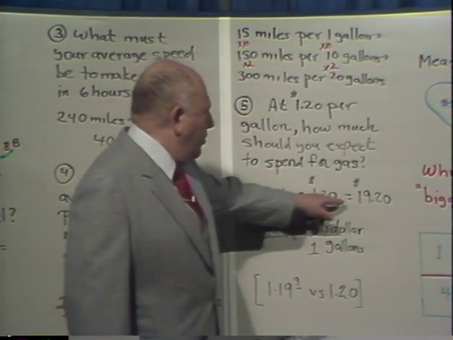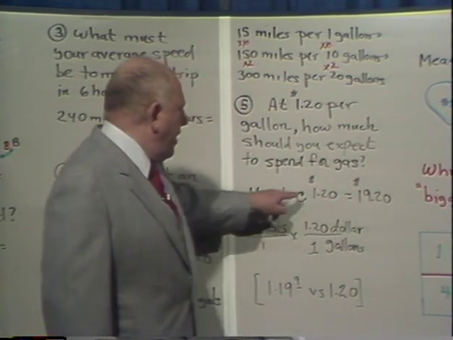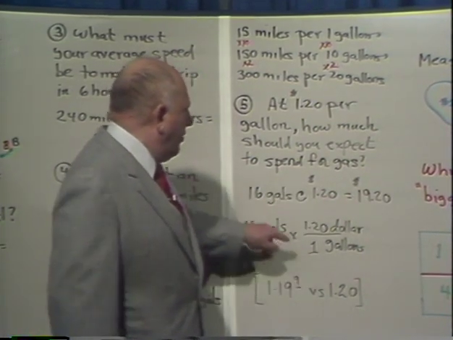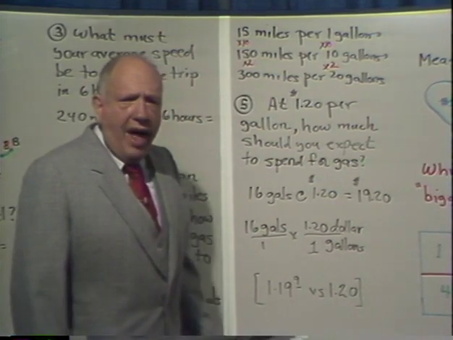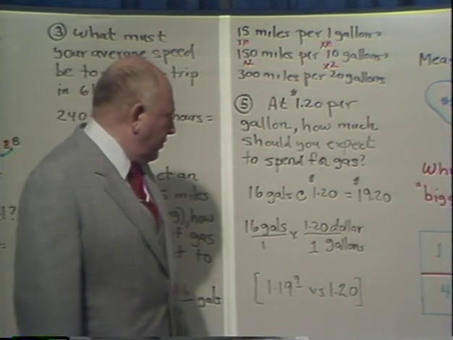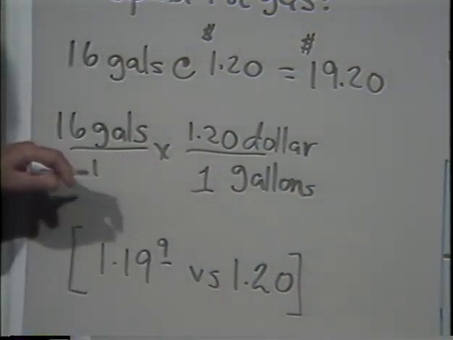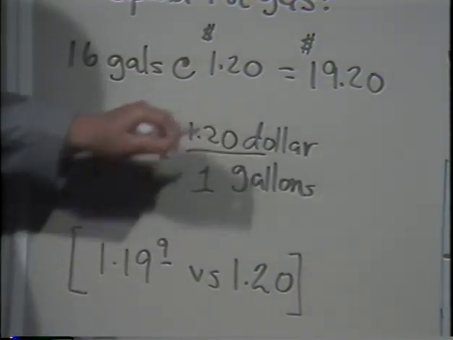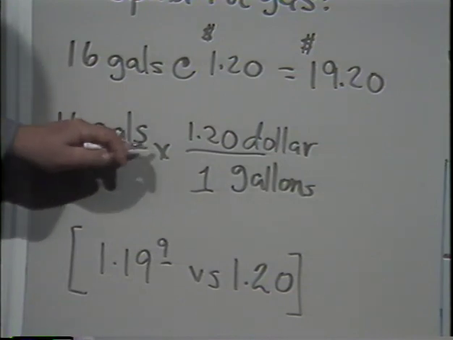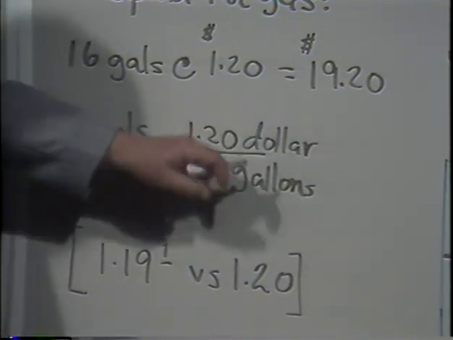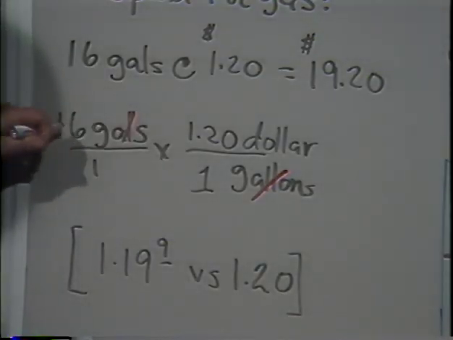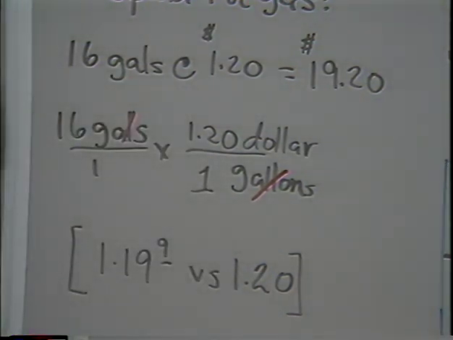And notice that I stopped doing the arithmetic here because I assume that either you can multiply this thing out or you have your calculator and you're just taking 16 times 1.2. Again, if you were doing this by dimensional analysis, you want to convert from gallons to dollars. So you take the 16 gallons and multiply that by dollars per gallon, and you still get the 16 times 1.20.